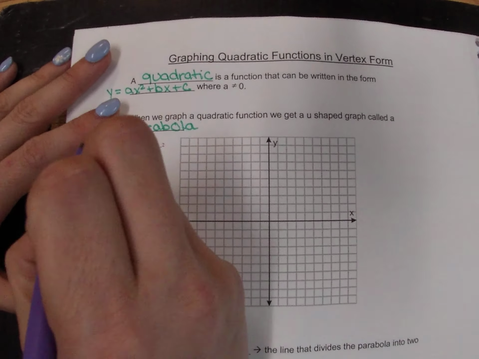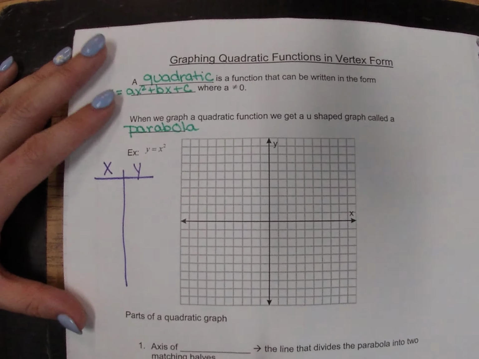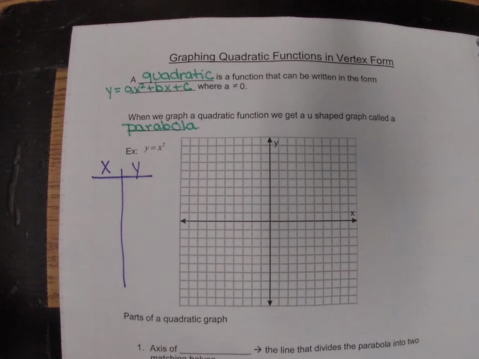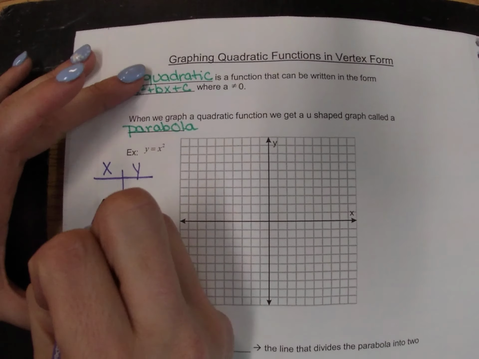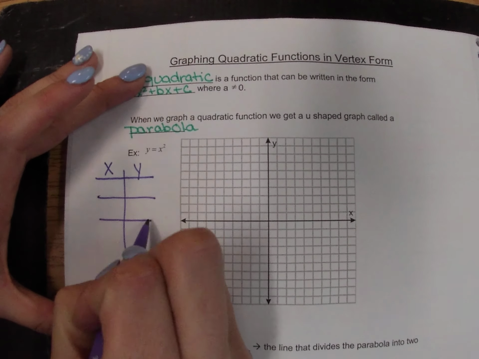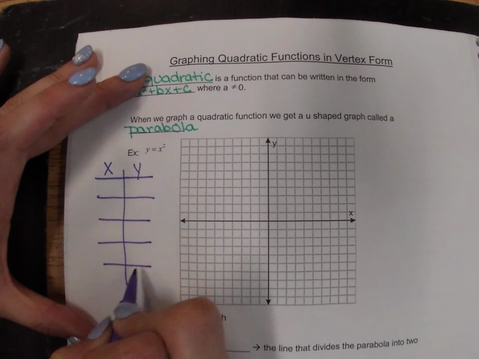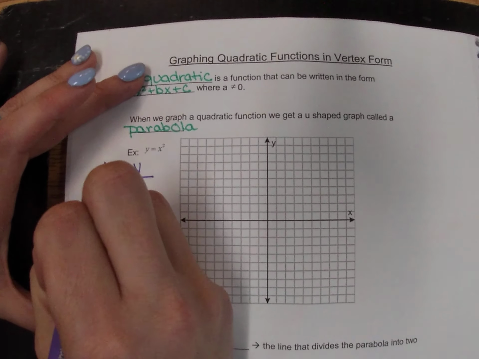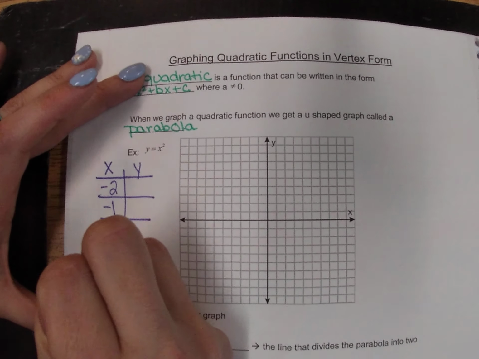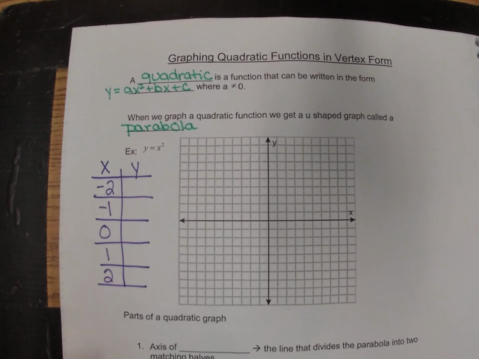We can pick any values that we want for x, and we can get corresponding output values for y. I'm going to give you 5 specific input values that we are going to pick: -2, -1, 0, 1, and 2.